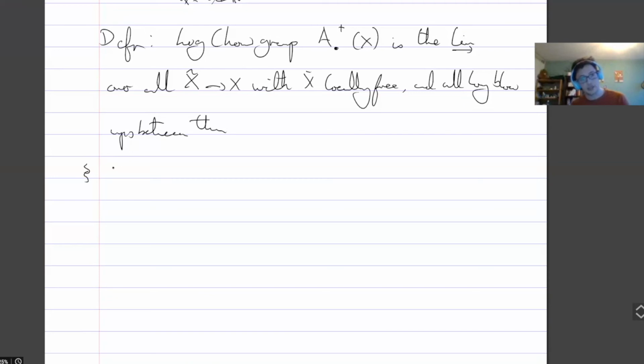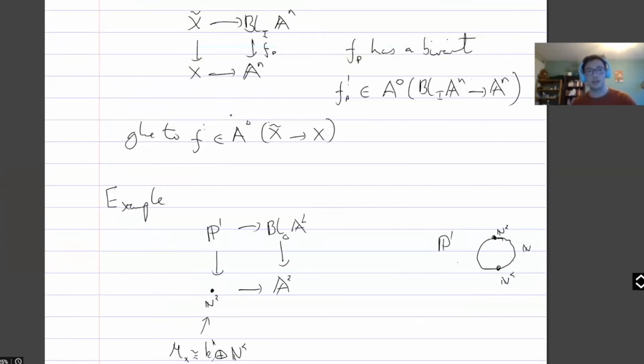Section 3. Sorry, can I ask, it's a limit of what? Sure. You said direct limit, but of which things? So over the category whose elements are X tilde mapping to X, a log blowup. So do you take A dot of those X tilde? Yeah, you take A dot of those X tilde and then you pull them back along.